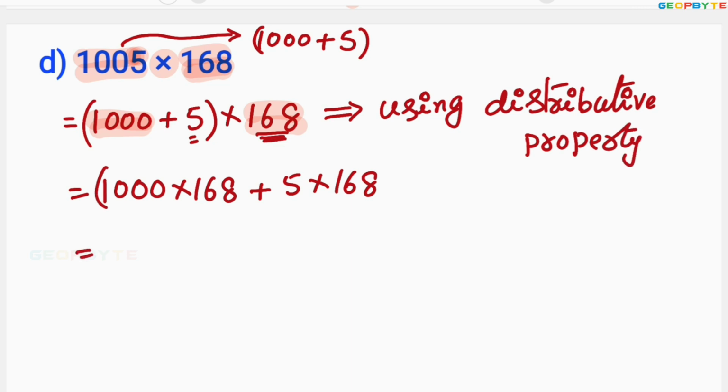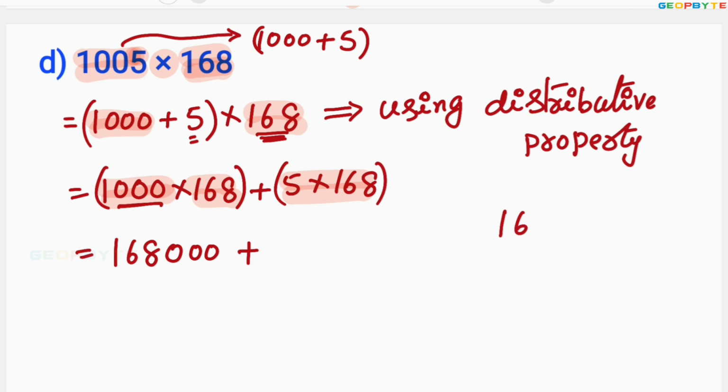Now I can use a bracket like this, because 168 multiplied by 1000 is 168 followed by 3 zeros. After that place the 3 digits plus this value, 5 multiplied by 168. 168 multiplied by 5.